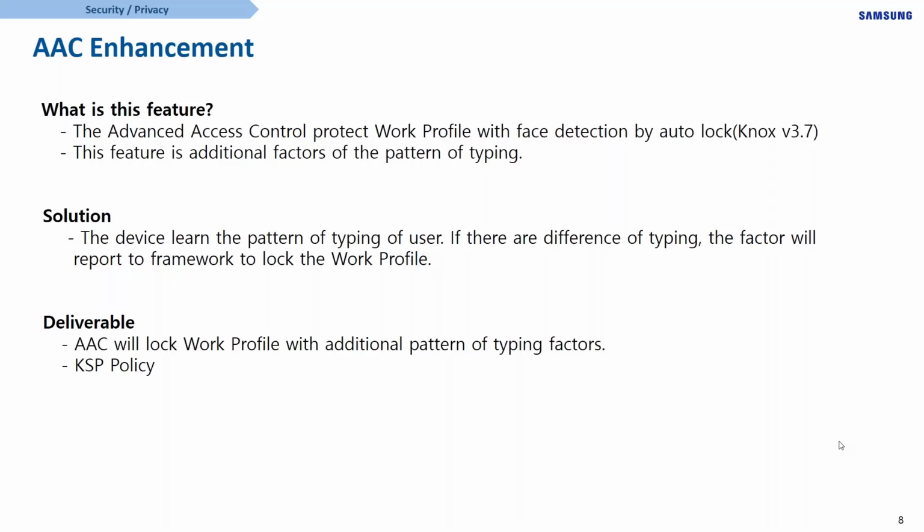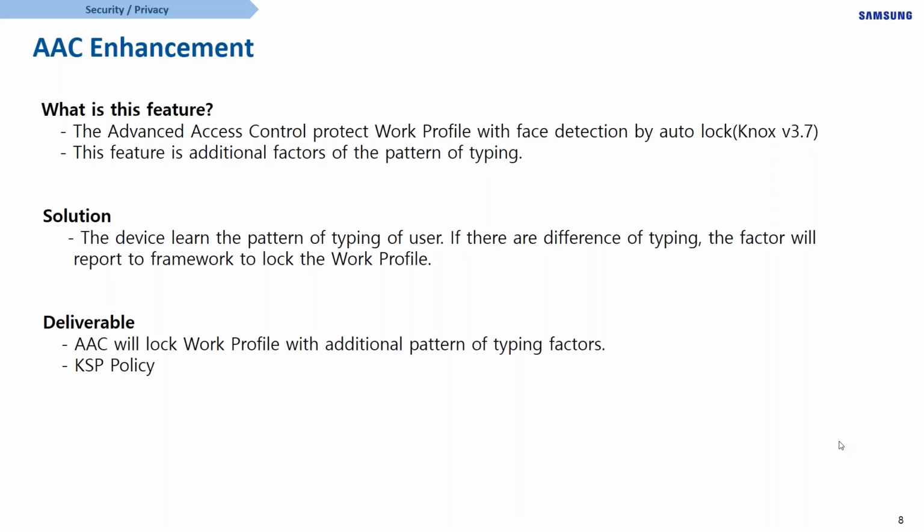So that's where advanced access control comes into the picture and secures business applications and data which reside in the work profile or workspace. So how does it do that? In the previous version of Knox, AAC protects the work profile with face detection. Suppose I left my device unattended and somebody else tried to use my device's work profile.